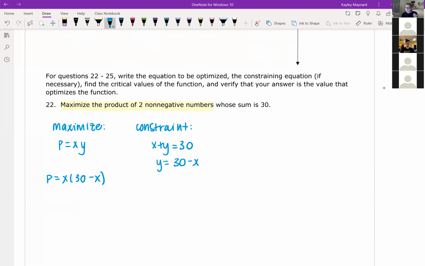And notice that this is a function of x now only. There's no y's in it. It's just x's. So you could actually write this as P of x. Just an observation. So your goal is to take the constraint and be able to write your equation that you're maximizing in terms of solely one variable. So you only want one variable in this.